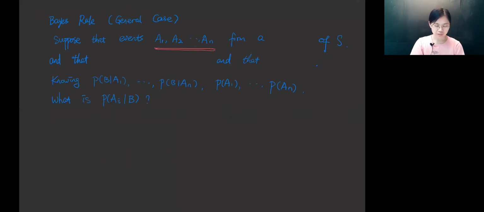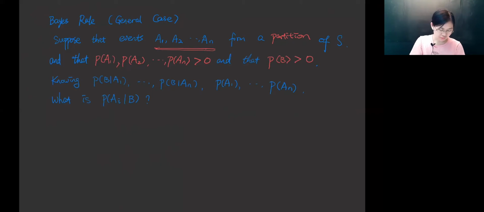So the events A1 to An form a partition of the sample space, and all of the events in the group have positive probability, and the probability of B is also positive.